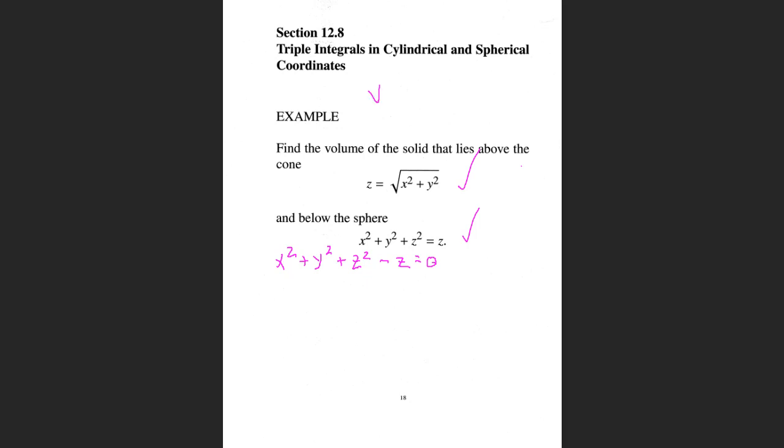And also we recognize that for volume with a triple integral, it's a triple integral of 1 as the integrand, dV, over some solid E. The dV here is decided when you choose either rectangular, cylindrical, or spherical coordinates. The fact that we have a sphere involved here could be an indicator that spherical coordinates would be the way to go.